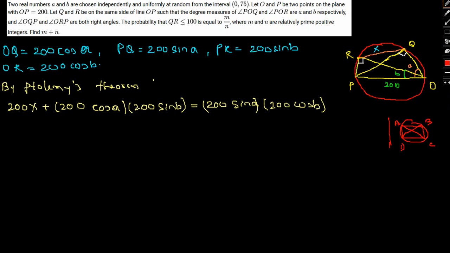So Ptolemy's theorem actually says that AB into CD will be equal to AC into BD. Okay, sorry, my bad, we have to take both sides.